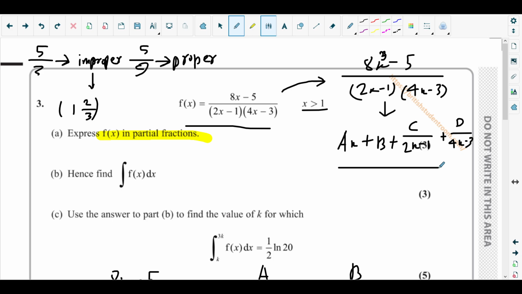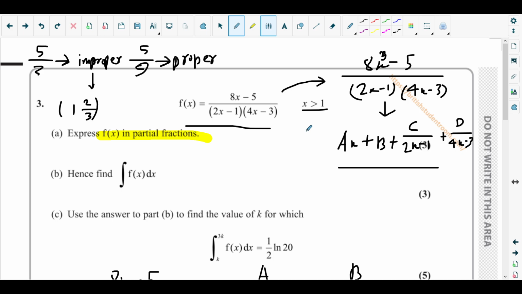Now the third case remains. For improper, the power of the variable at the numerator is greater than at the denominator. For proper, the power at the denominator is greater than at the numerator.